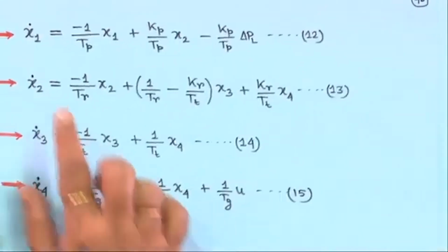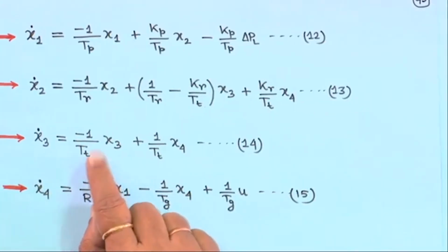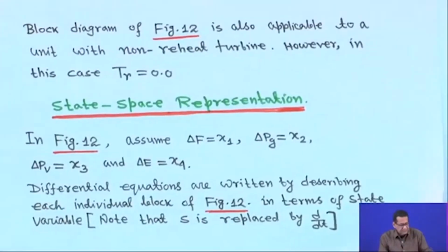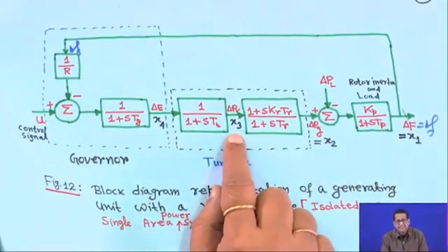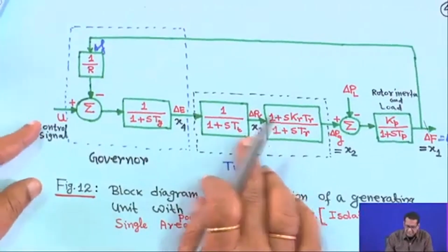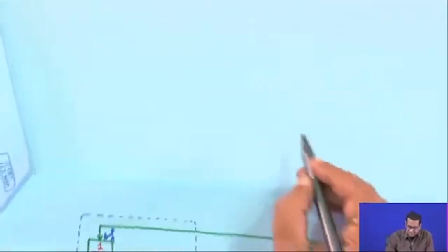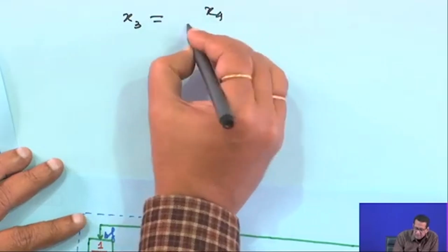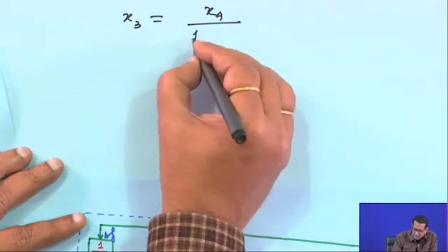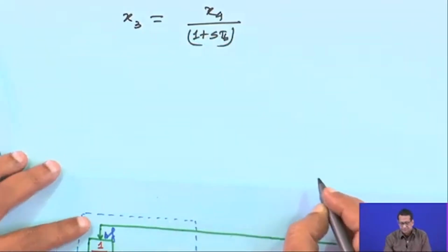Now, before writing x2 dot, I will write x3 dot for you. Why? We will know. First I will write x3 dot and then I will come to x2 dot. If you look at the diagram, x3 will be equal to x4 into 1 upon 1 plus S Tt. So, x3 is equal to x4 divided by 1 plus S Tt.